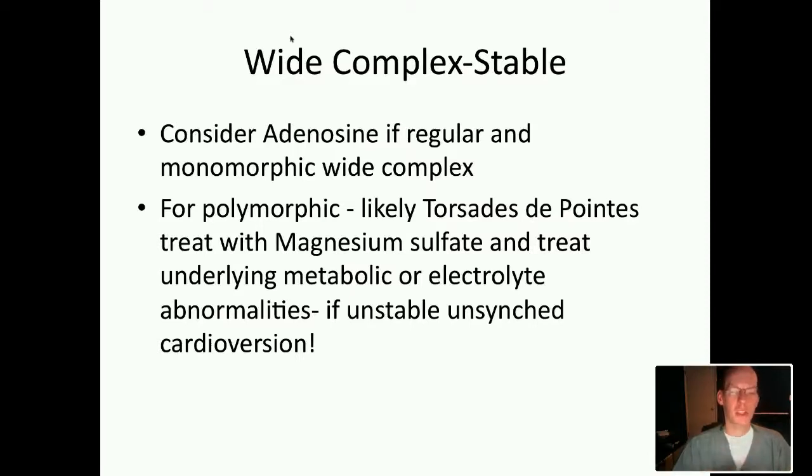Polymorphic, so once again the QRS complex looks different each beat. This is more likely torsades, and this is often associated with metabolic derangements, and is often harder to treat pharmacologically. So the treatment for this is you can give magnesium sulfate, and it's important to treat the underlying metabolic or electrolyte abnormalities. If the patient develops instability with this, then you're going to do the unsynchronized cardioversion.